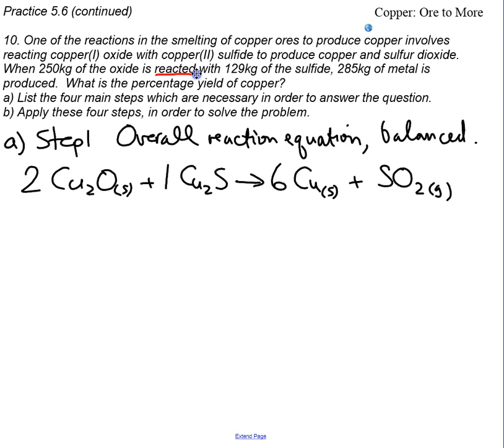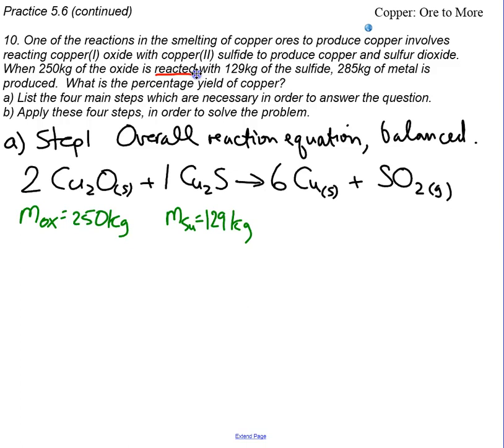Now, since we're given masses of the oxide at 250 kilograms, and masses of the sulfide at 129 kilograms, this is a type B limiting excess reagent question.